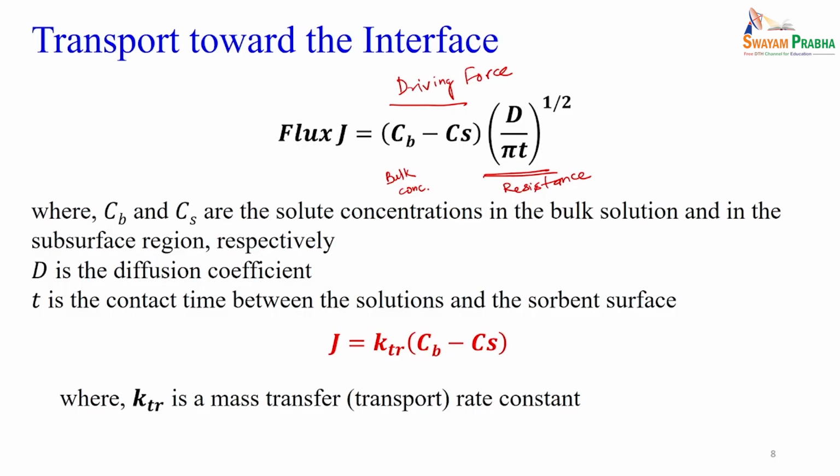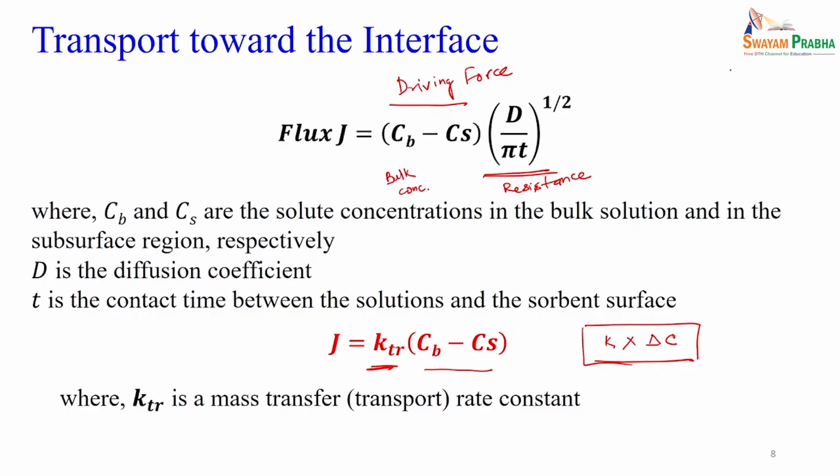The same equation can be rearranged in terms of k_TR, which is a mass transfer coefficient or mass transfer rate constant, into delta C. So, it is like k into delta C. What is happening here?